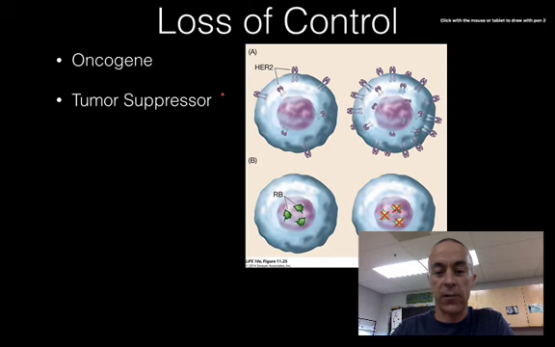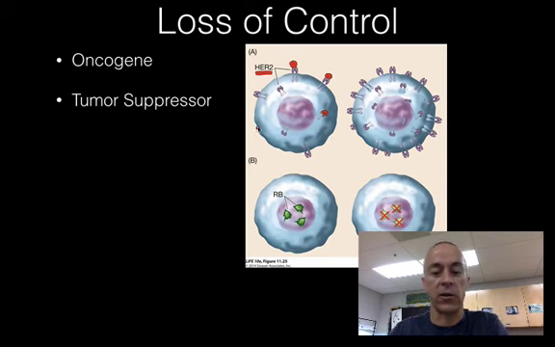So the first example up here, there's a particular receptor on cells called the HER2 receptor, and these are specific receptors for growth factors. So they'll receive the signal of a growth factor, and once they receive several of those signals, that triggers a response from the cell to enter into the S phase and the G2 phase and ultimately divide.